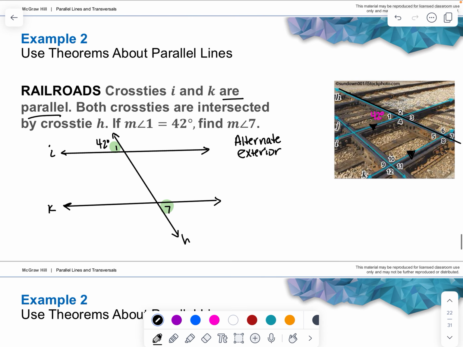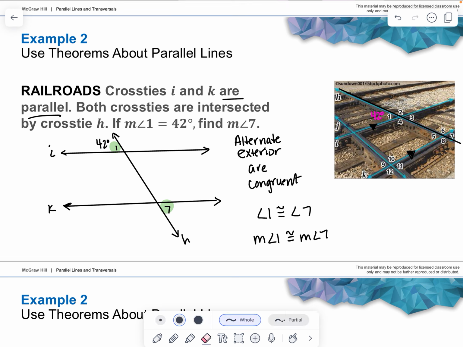So that means that angle 1 is congruent to angle 7, which also means that the measure of angle 1 is equal to the measure of angle 7. Oh, and I shouldn't have an equals or a congruent sign on top there. Oops. So that means that the measure of angle 7 is equal to 42 degrees.